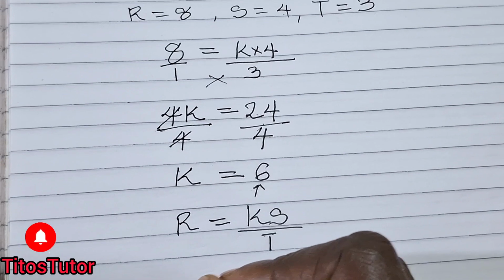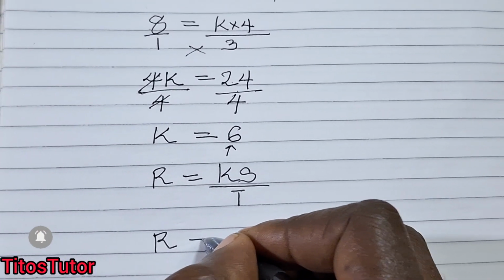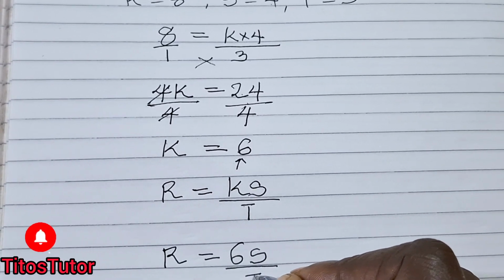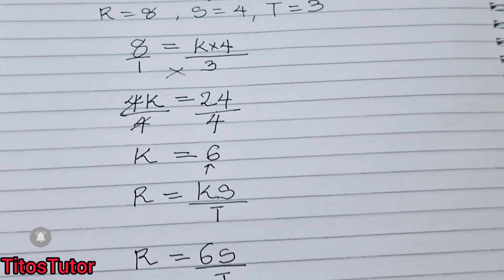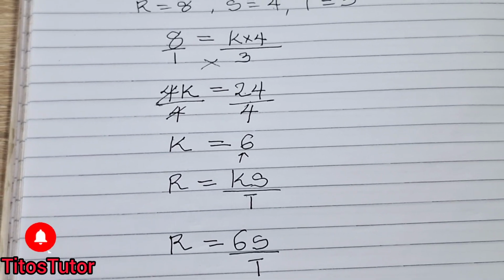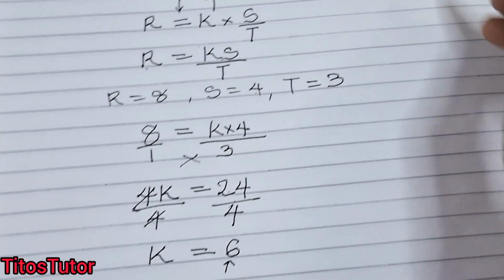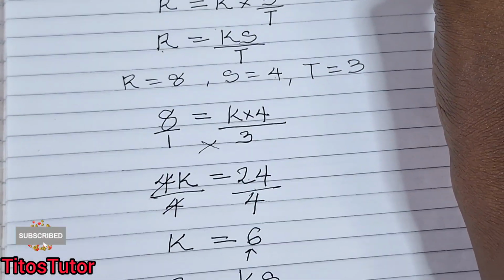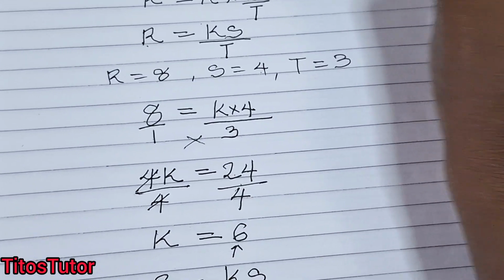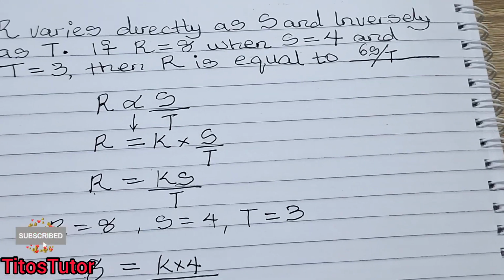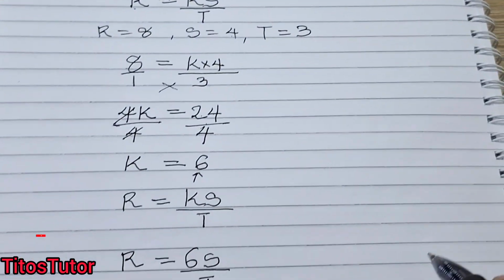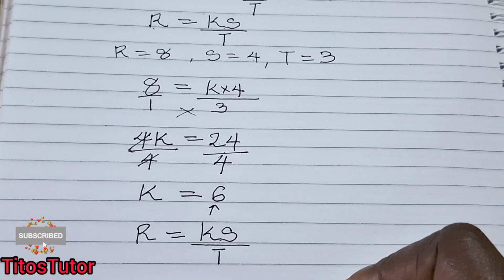So R is equal to 6S all over T. My final answer is R equals 6S over T. So I come here, right? 6S all over T. Final answer, 6S all over T, and I am done.